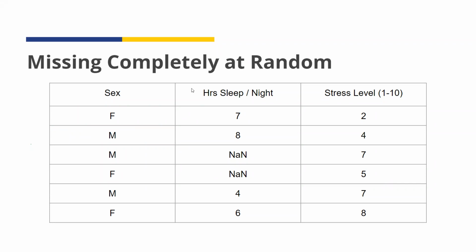When we have data that's missing completely at random, what we're referring to is the fact that there's no relationship between the data itself and why some points are missing. For example, here, there's no real apparent reason as to why these 2 values are listed without a value. We can assume they were just missing due to some random error, or some sort of imputation issue when whoever was researching put this data into their system.